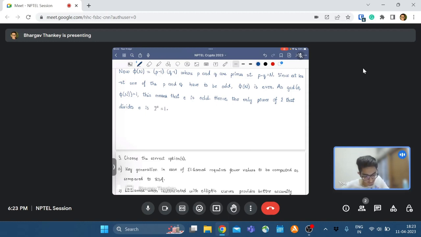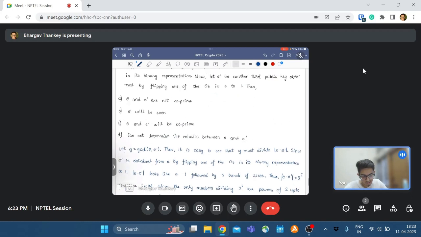Now, since G divides E, this means that G equals 1. So option C is correct: E and E prime are co-prime. Option C immediately rules out option D and option A.